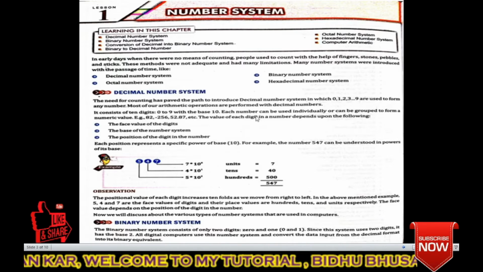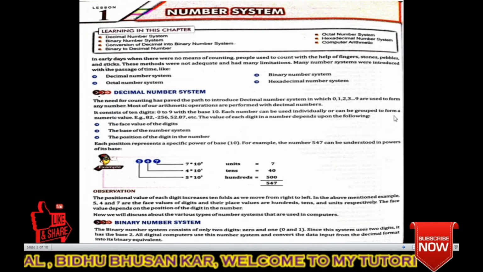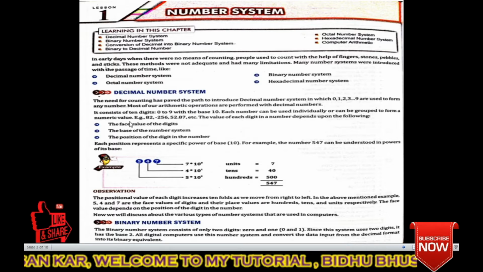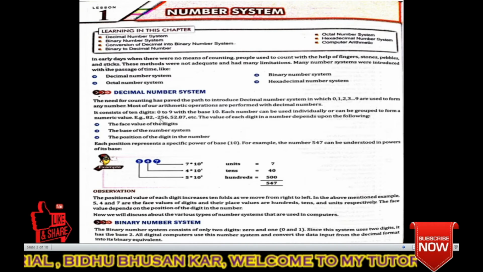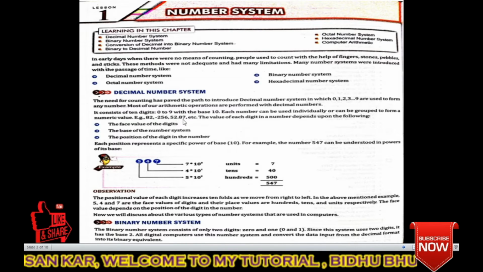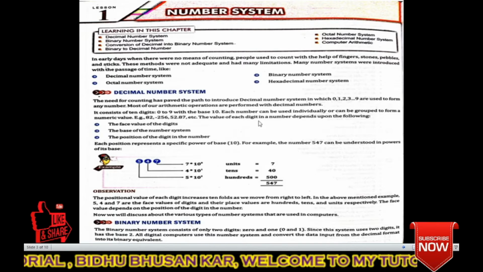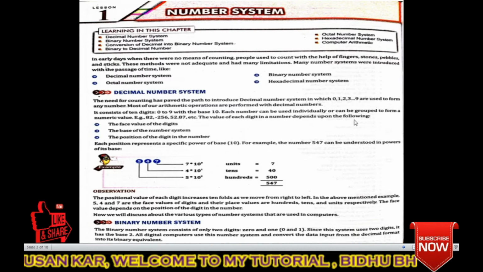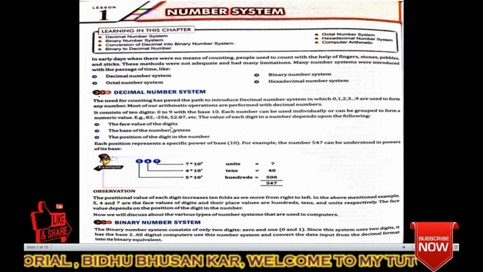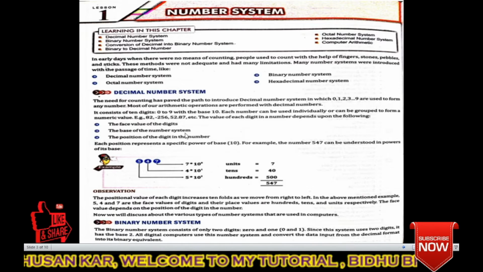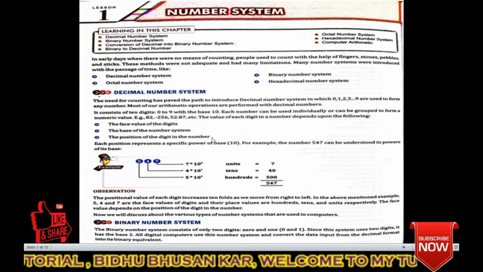Each number can be used individually or can be grouped to form a numeric value, for example, 82, minus 256, 52.87, etc. The value of each digit in a number depends upon the following: the face value of the digit, the base of the number system, and the position of the digit in the number.